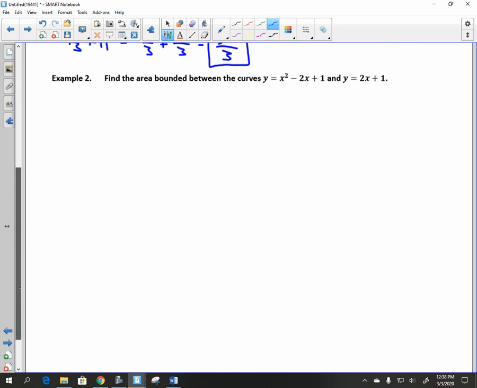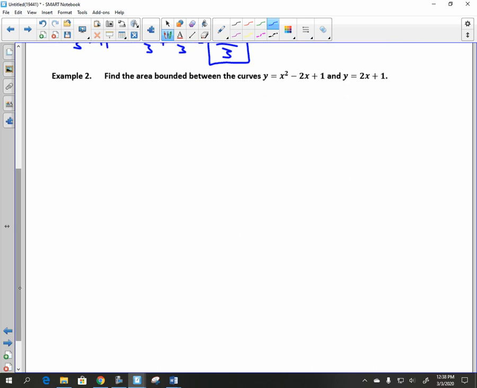We try one more. Find the area bounded between the curve y equals x squared. Actually, you know what?